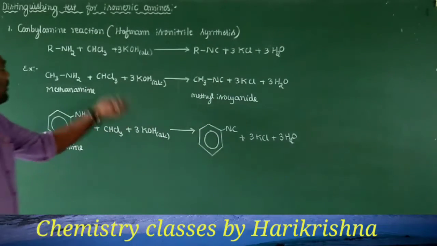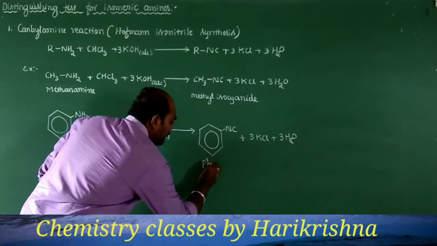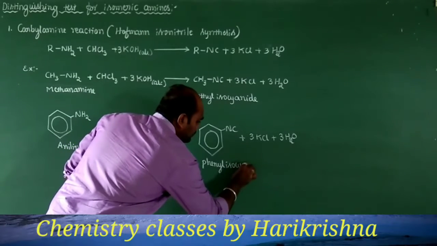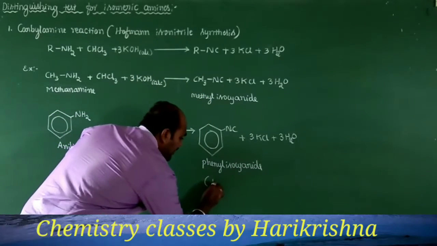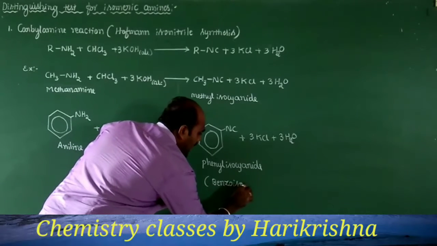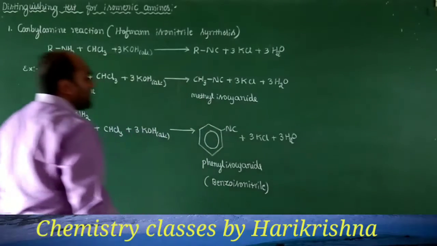So aniline on carbylamine reaction results in the formation of phenyl isocyanide. This is the common name. In the IUPAC system, we call this material benzo isonitrile.